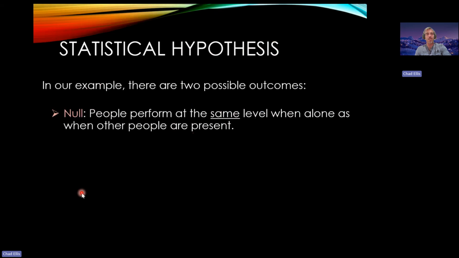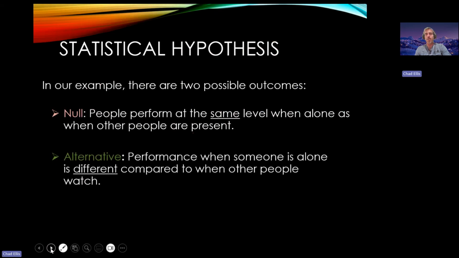There's no difference. That's our null hypothesis. Our alternative hypothesis is that there is a difference, that people perform differently when they're in front of a crowd compared to when they're performing the same task alone. So there's our null hypothesis and our alternative hypothesis.